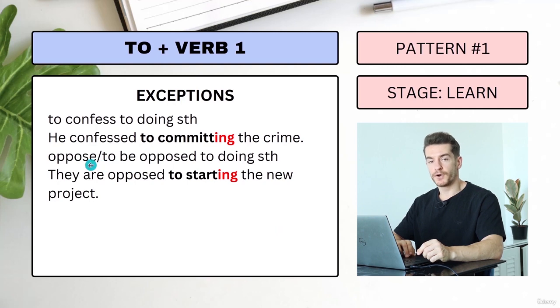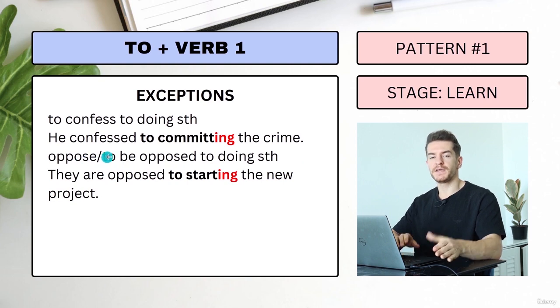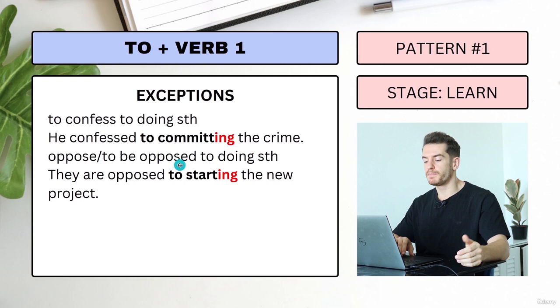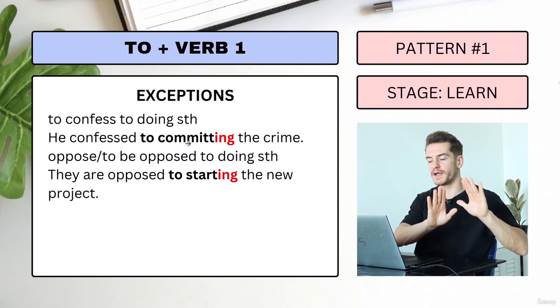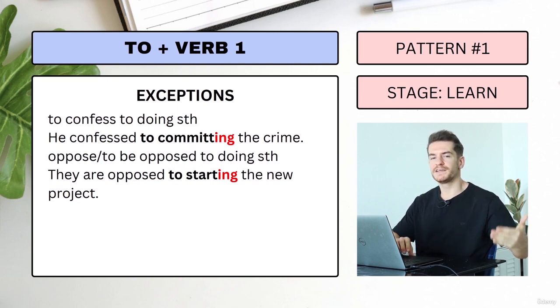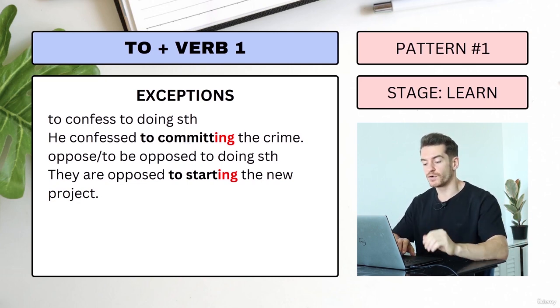Next one, oppose or to be opposed to doing something. If you oppose something, it means you say no, you don't want to do that thing. And same with to be opposed. If you are opposed to doing something, it means you don't want to do that thing, or you think that thing is not right or that thing is wrong.